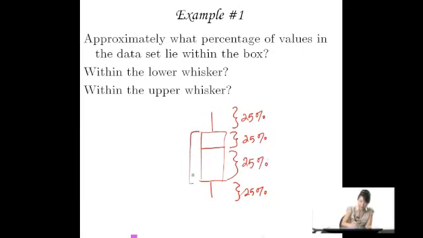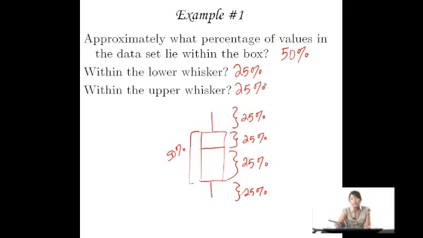So we know that what's in here is 50% of our sample. In the lower whisker, 25%, and the upper whisker, 25%. And that's one of the reasons why box plots are so useful. They just break up that data really easily into chunks that we could really use.